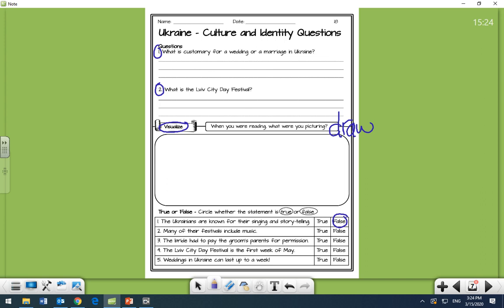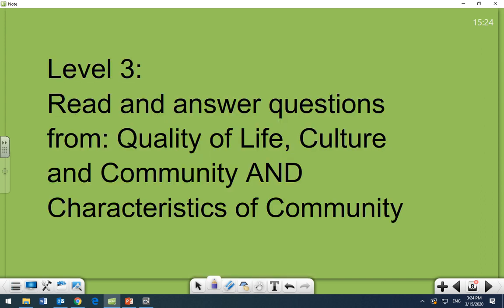So that is level 2. If you want to just stop now and do level 1 and level 2, that is great. Or you can accept the last challenge, which is level 3, and you need to read and answer questions from quality of life, culture and identity, and characteristics of community. So the 3 pages.